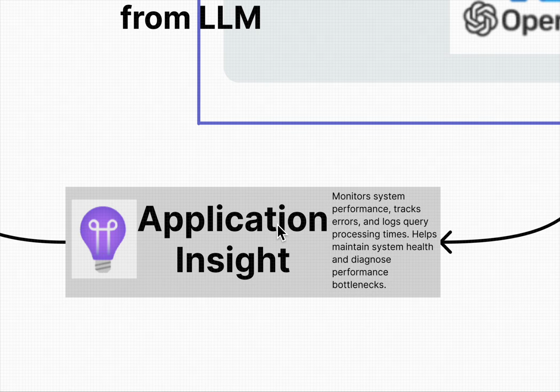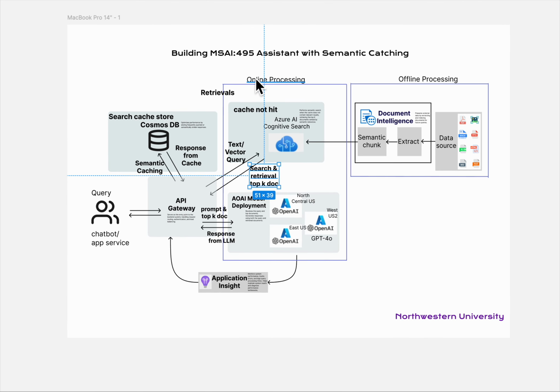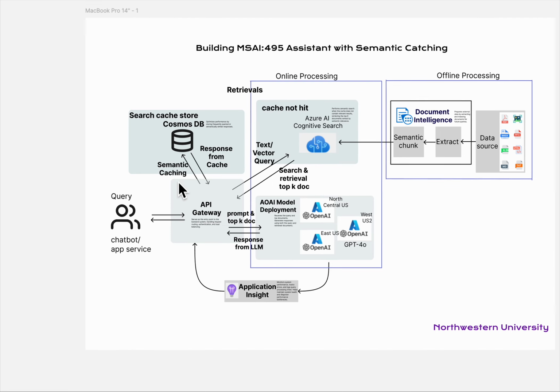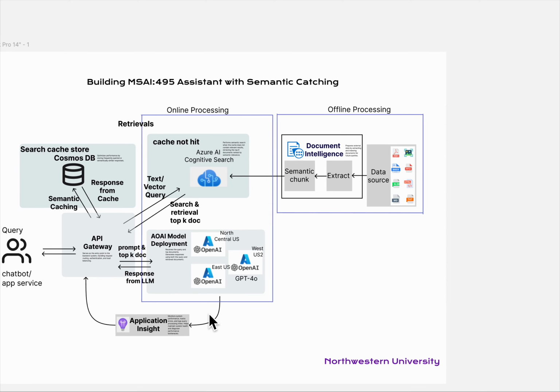For the second part, we are talking about online processing and offline processing. Online processing happens in real time to handle user queries. The main steps include the user sending queries to Azure Cognitive Search service and retrieving from it, and response generation using our large language model, which is central to the RAG, also called the retrieval augmented generation pattern.